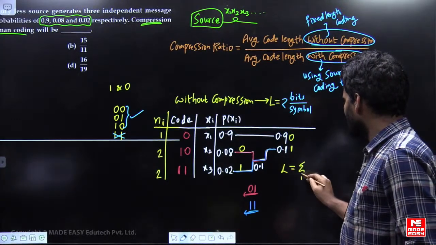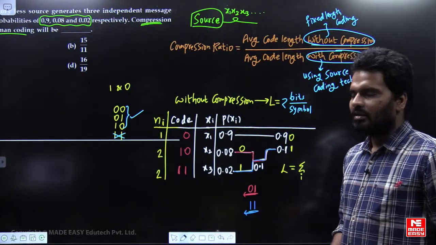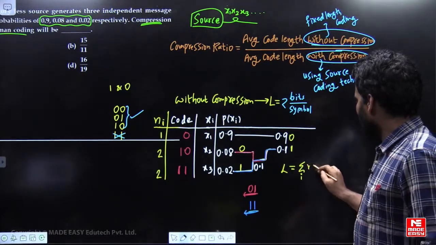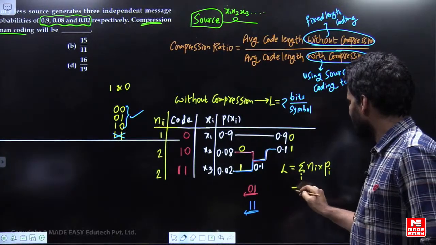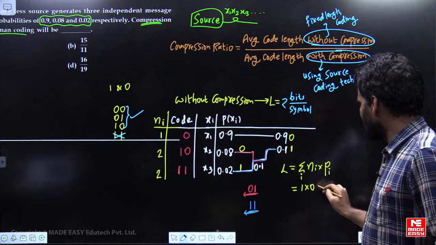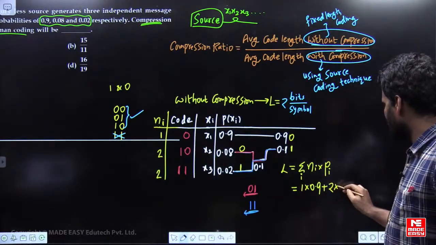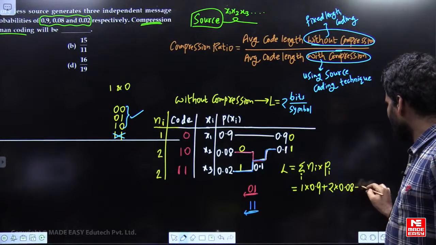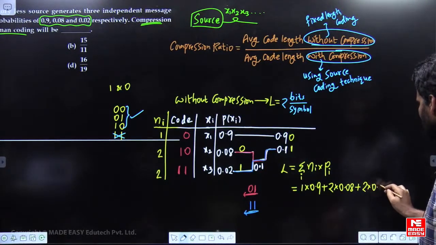Summation over i, where i specifies the different symbols, of the code length of each symbol multiplied by the corresponding probability. So 1 times 0.9 plus 2 times 0.08 plus 2 times 0.02.